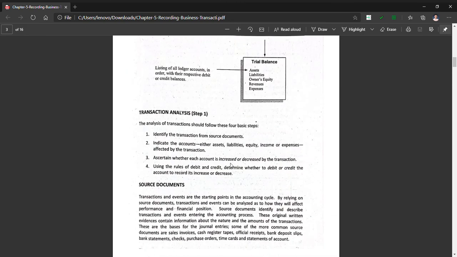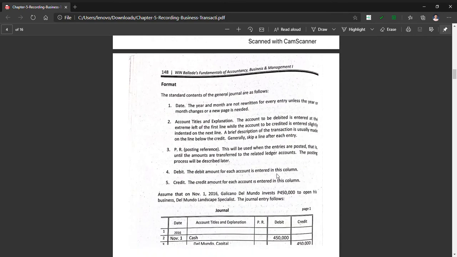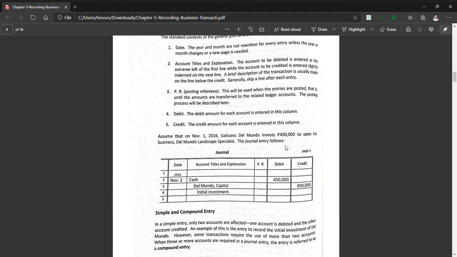Next step, nakalagay dito, ascertain whether each account is increased or decreased. Okay, so, titingnan natin kung nag-increase or decrease ba ang mga account. So, ano ba yung account na na-affect dito? So, sabi ko nga kanina, yung 450,000, that is our cash. Tapos, dahil nag-invest siya, that is the capital. So, dahil naka-receive ang business ng cash, increased. So, cash increased.